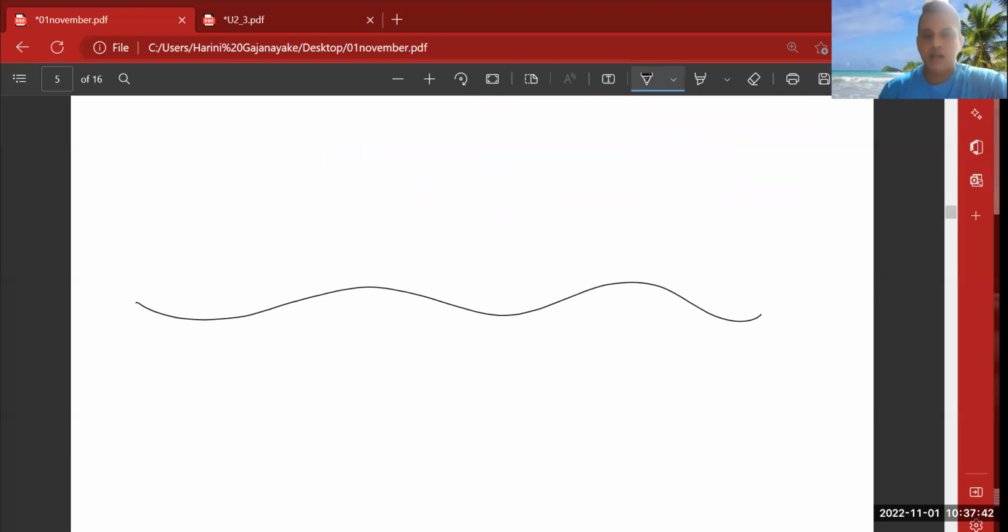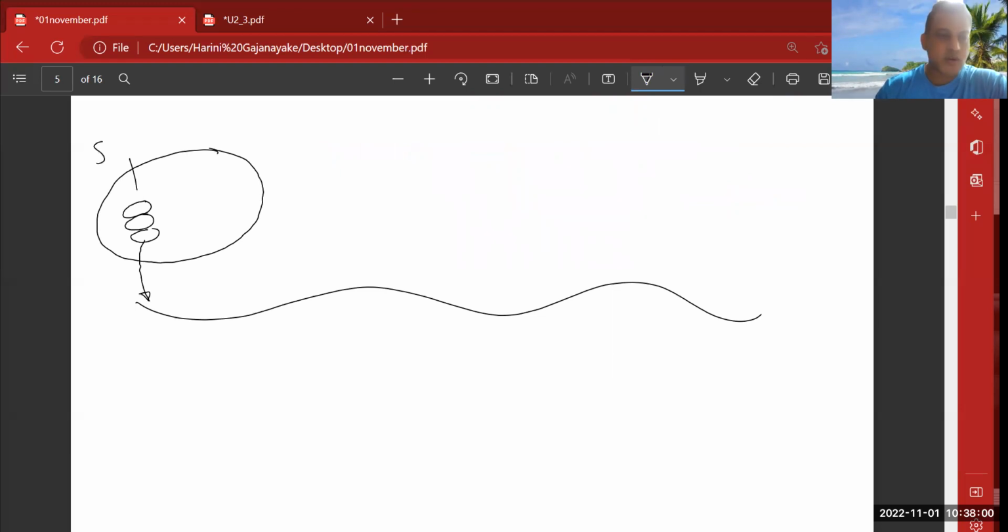That's a thylakoid membrane, because the chloroplast is like this and the thylakoids are like this. And I'm drawing here the thylakoid membrane. This is the stroma.